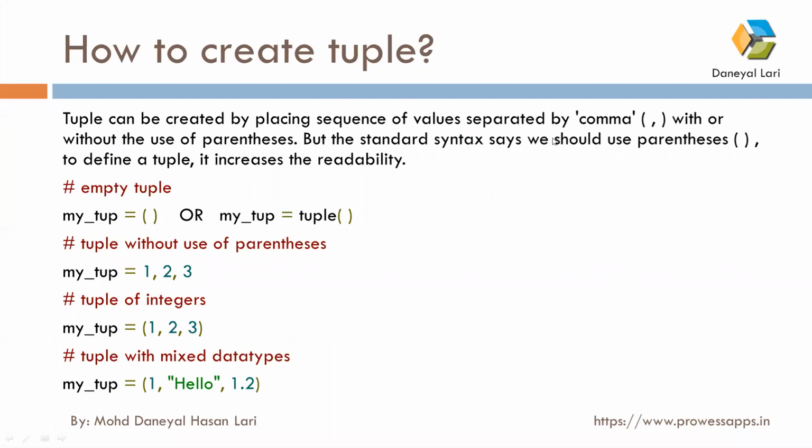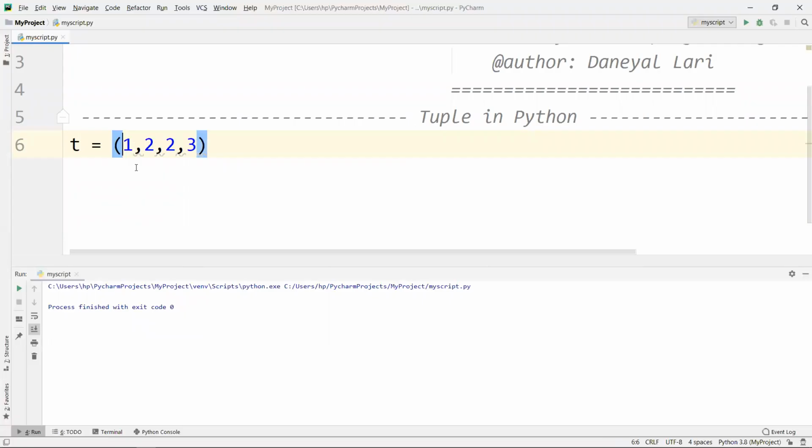There is one special thing with tuples: if you do not specify the parentheses, and you write the values separated by commas, it also makes a tuple. How to check the variable's data type?